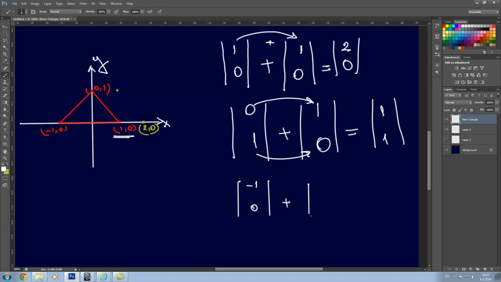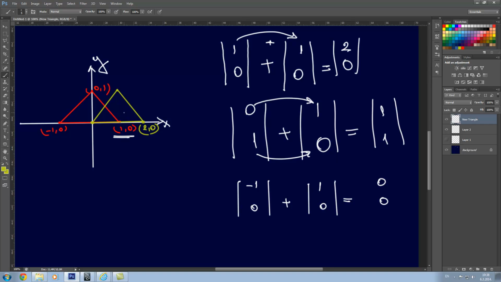Plus 1 and 0, which is the same vector which I'm adding. So I'm translating the whole triangle just towards the x-axis. And minus 1 plus 1 is 0. 0 plus 0 is 0. And again, I'm defining a new vertex right here. My new triangle is going to be this one.